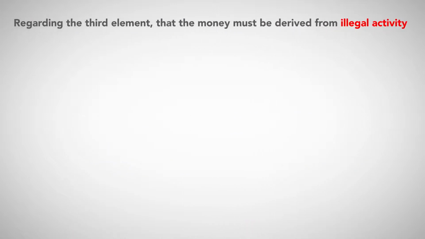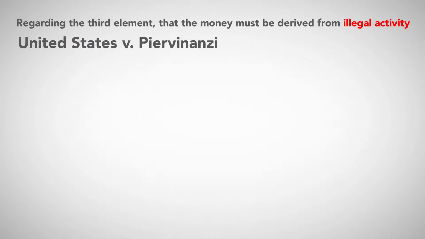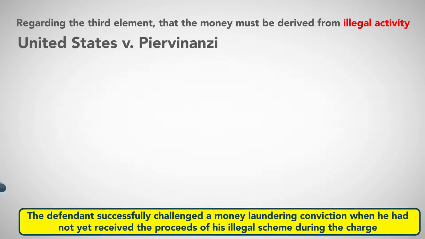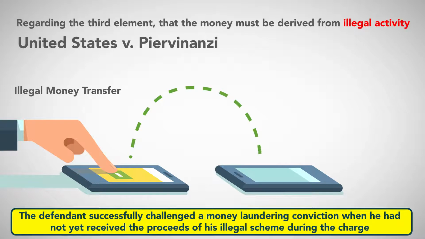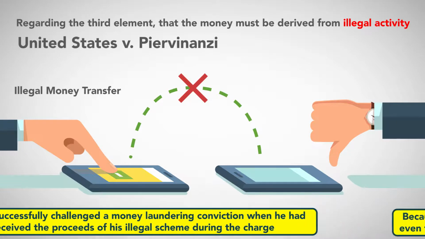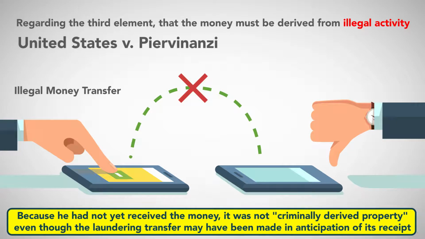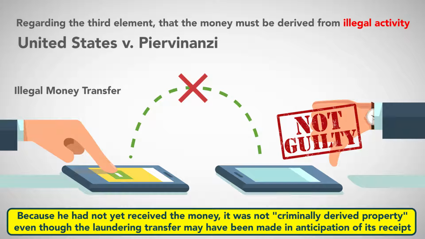Regarding the third element, that the money must be derived from illegal activity, in United States v. Venanzi, the defendant successfully challenged a money laundering conviction when he had not yet received the proceeds of his illegal scheme when he made that transfer that prompted the money laundering charge. Because he had not yet received the money, it was not criminally derived property, even though the laundering transfer may have been made in anticipation of its receipt.